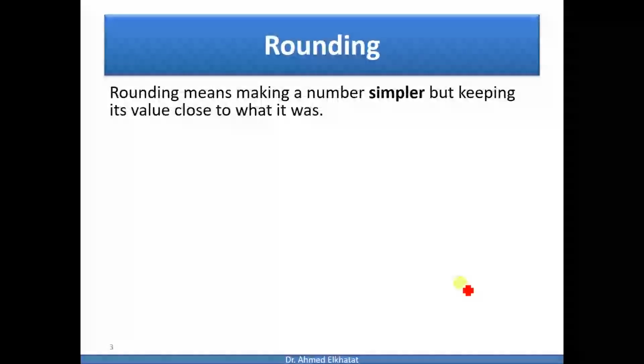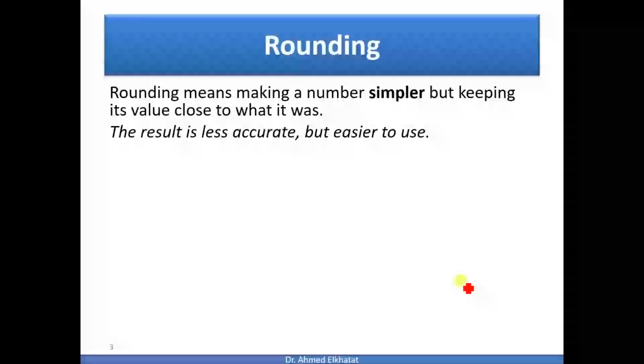Rounding, simply, is making a number simpler but keeping its value close to what it was. So the result is less accurate but it's easier to use.